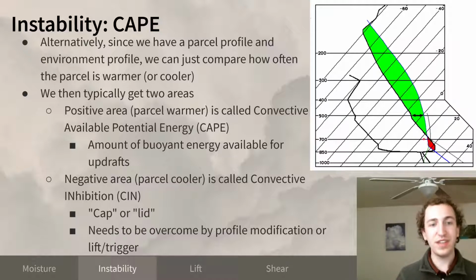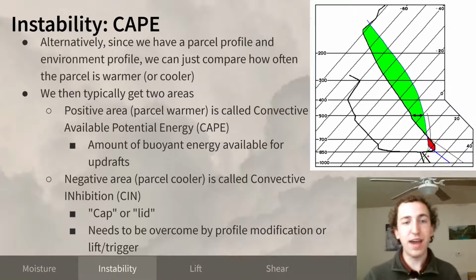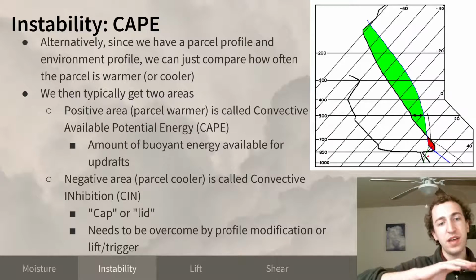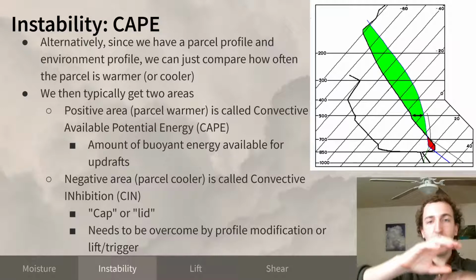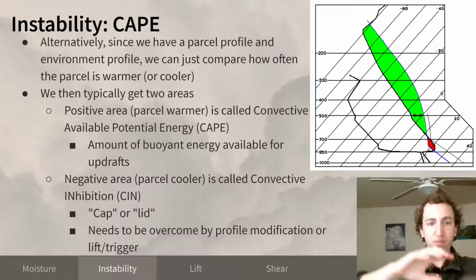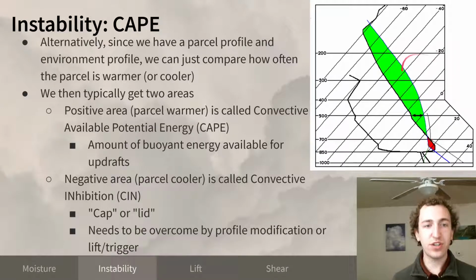We also have this negative area, typically, where the parcel is actually cooler than the environment. And this is convective inhibition. It can be sort of physically thought of as a cap or a lid. It's an amount of energy that has to be overcome from any low-level parcels in order to break through and then reach all of this potential energy up above.